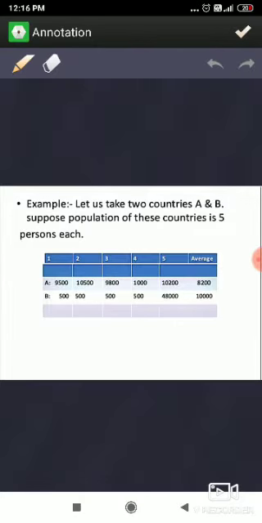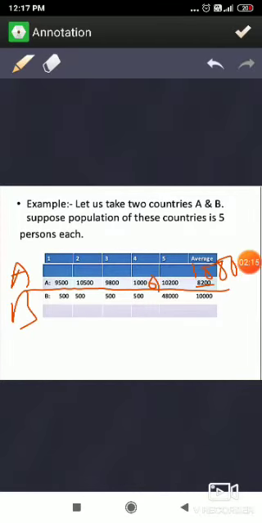Here I am drawing one line to separate country A and country B. As you can see, in country A, person 1 is earning 9,500, person 2 is earning 10,500, person 3 is earning 9,800, person 4 is earning 10,000, and person 5 is earning 10,200. When you find the average income of this, you find that the average income is 10,000 rupees.